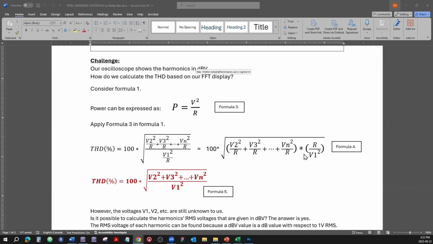So here it is. We just made this one upside down and multiplied it. And over here we have the common denominators, so we can just have V2, V3, and whatever number divided by R times R divided by the fundamental frequency quantity. Those R's are going to cancel. And we have a formula like this.